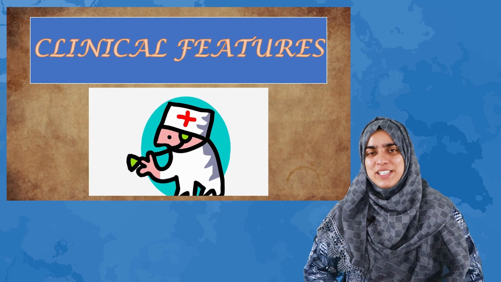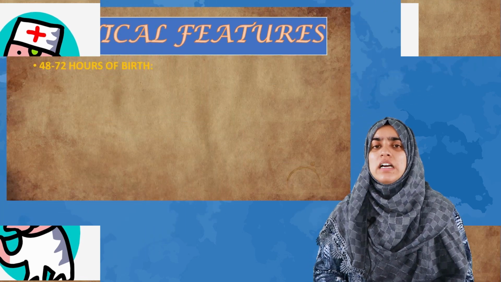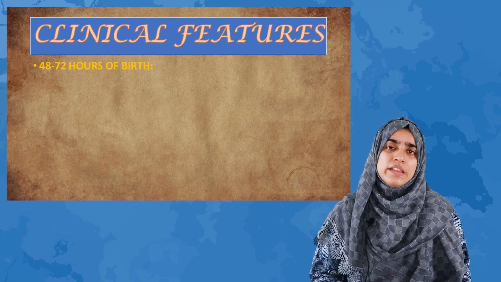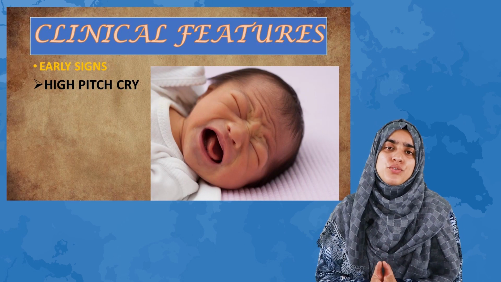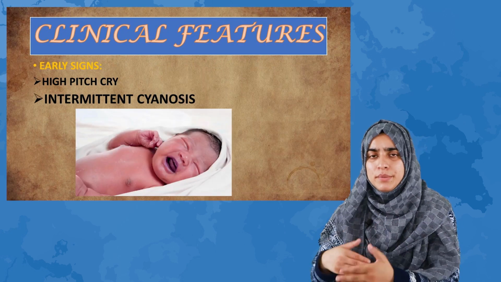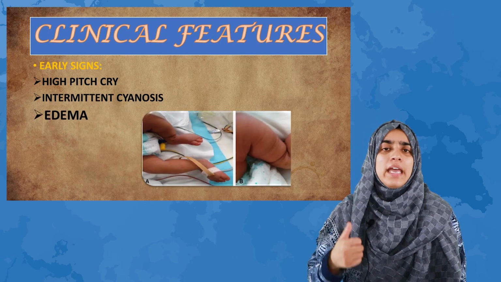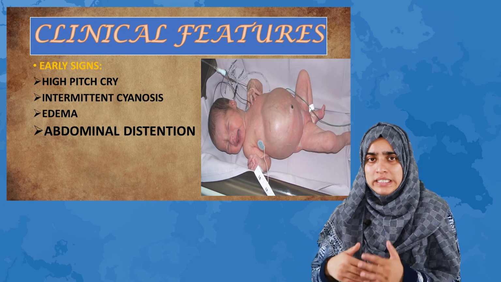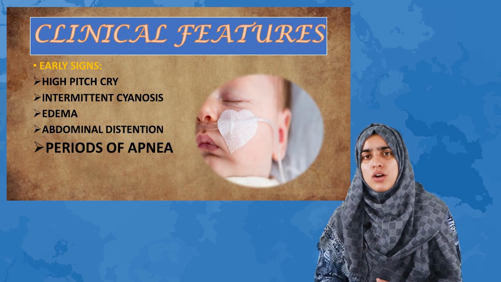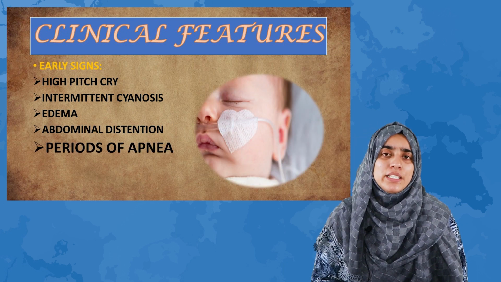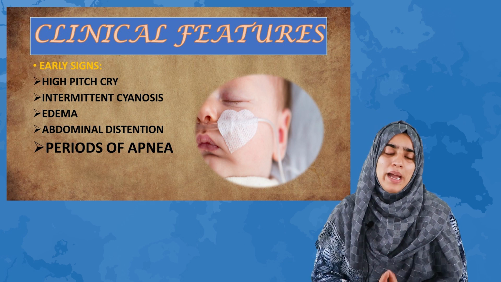Let's see some of the clinical features of this condition. Early signs can be seen within 48 to 72 hours of birth. A high-pitched cry will be seen in the baby. Intermittent cyanosis will be found, edema of the infants. Usually abdominal distension can be seen. Periods of apnea are also features which can lead to the condition of hypocalcemia.